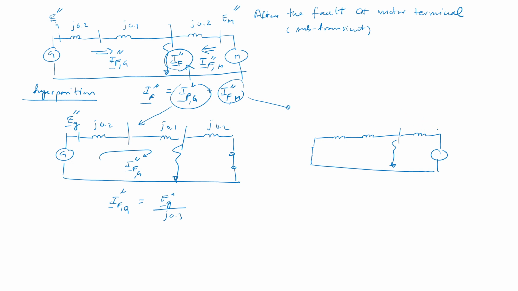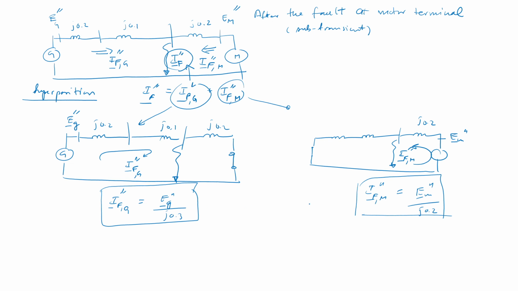This is EM double prime, the potential over here, and this is j0.2, and this is the current. The current flowing in this loop is the fault current coming from the contribution of the motor. IFM double prime is EM double prime divided by j0.2, right? Is it okay?